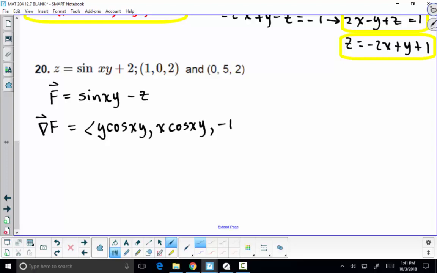Partial it with respect to z. And then let's just make that observation. That is z sub x, that is z sub y, and that is -1. So it will always be that way. And now we're going to just find the normal. We're just going to do one of these planes. Let's just do that one.